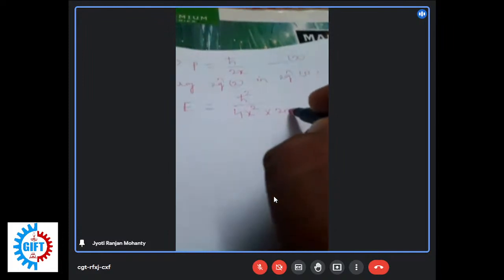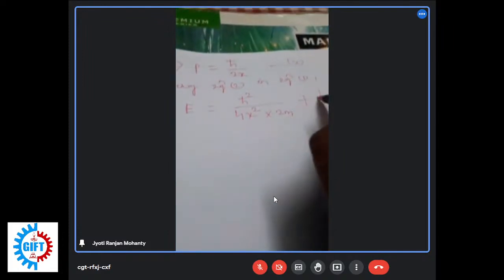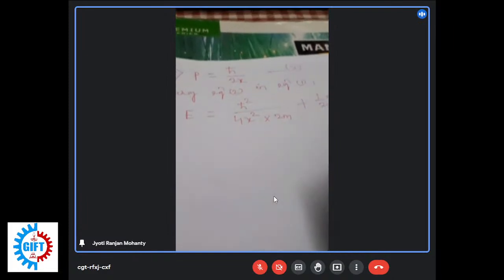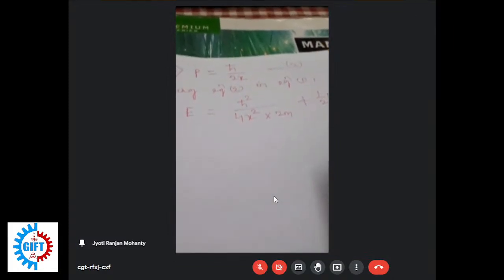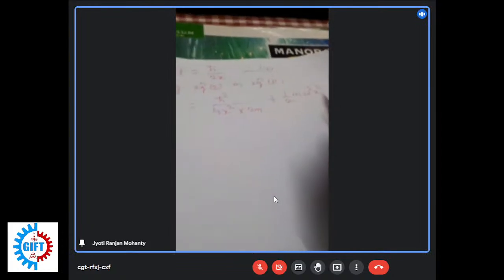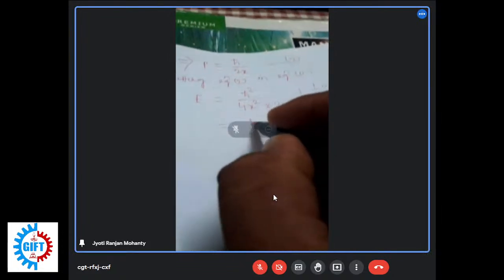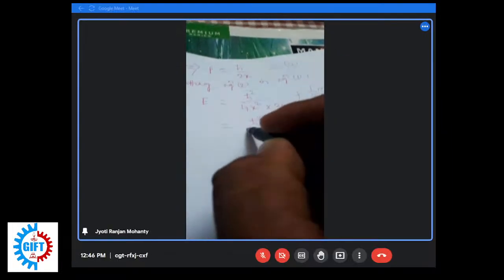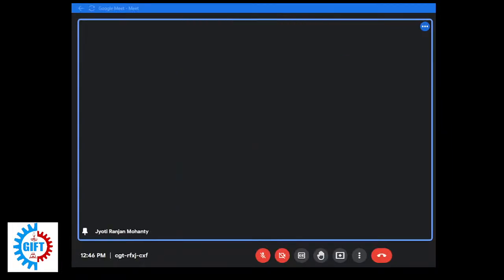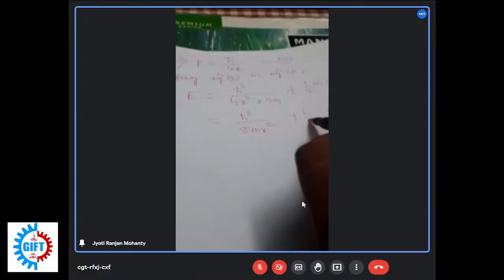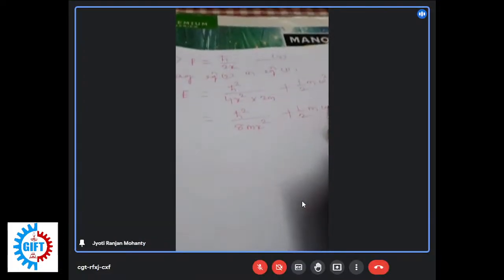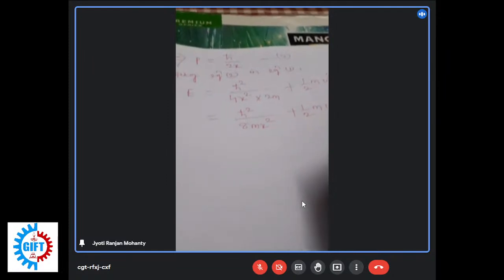Initially we have p square by 2m plus half m omega square x square. So if you do it, it will be h cross square by 4 into 2, that is 8m x square, plus half m omega square x square.